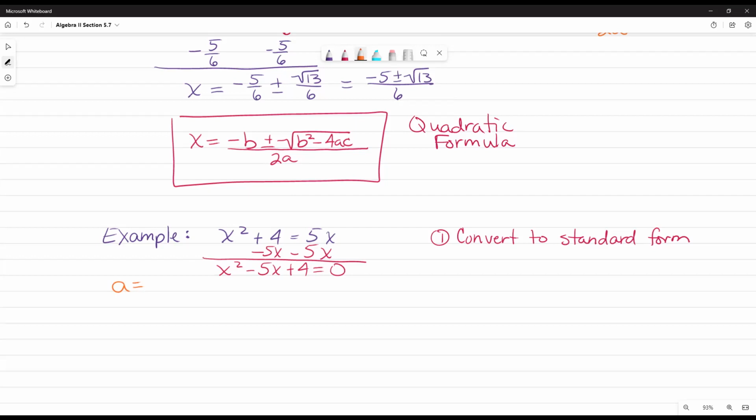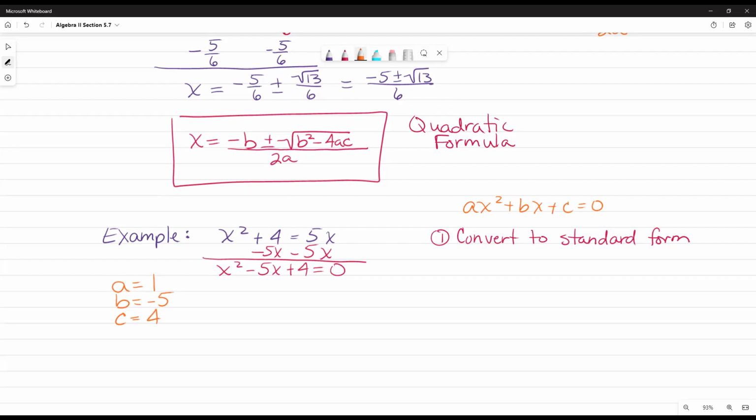So A is 1 because that's the coefficient of x squared. What is B? Negative 5. Remember, the standard form is all addition, ax squared plus bx plus c. So if you have a subtraction, then that negative goes with the coefficient of the following term. C is 4. All right, and then what's my quadratic formula?